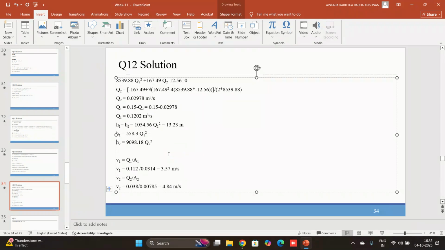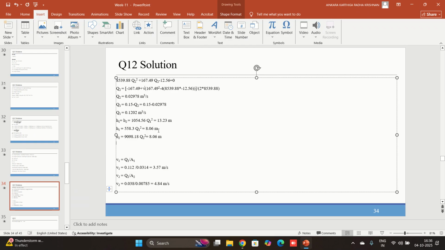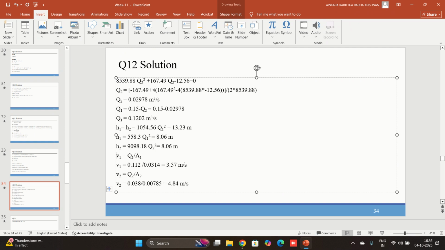So it is 0.1202 square into 558.3, that gives us 8.06 meters, and for Q2 it is 0.02978 square into 9098.18, that also gives us 8.06.